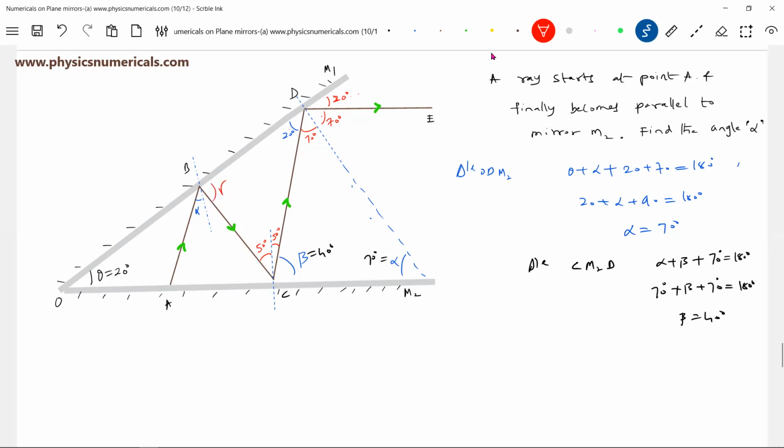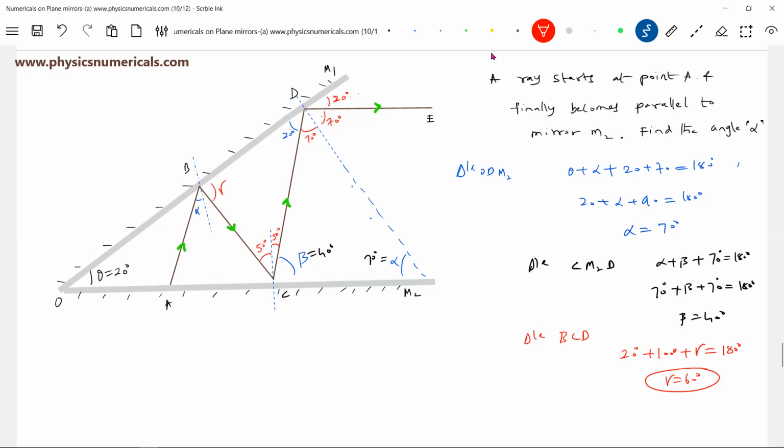Look at the triangle BCD. From the triangle BCD, 20 degrees plus 100 degrees plus gamma should be equal to 180 degrees. The sum of angles in a triangle should be equal to 180 degrees. Gamma equal to 60 degrees will come.